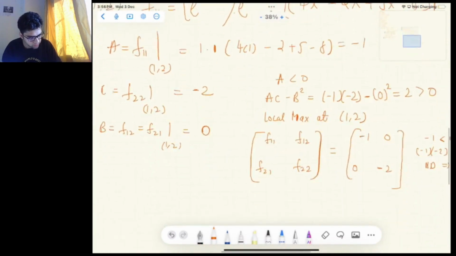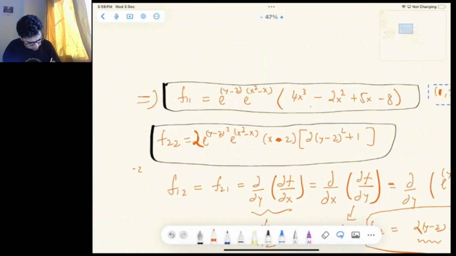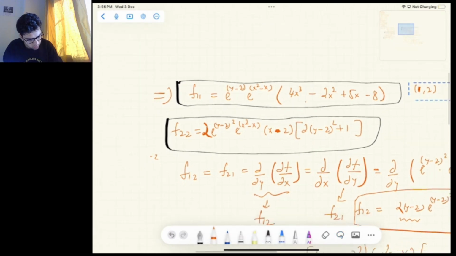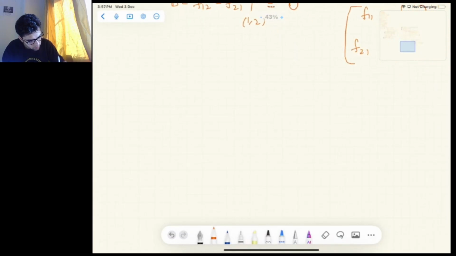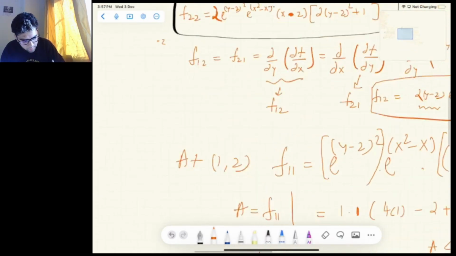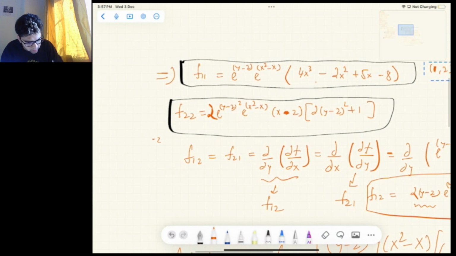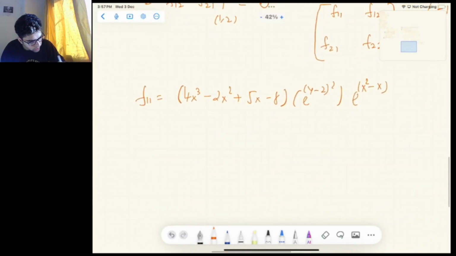I need to find the value of this expression, so I copy it again: 4x cube minus 2x square plus 5x minus 8, times e to the power of x square minus 3x plus 2... Now I need to check the value of this at 3 by 2 comma 2.